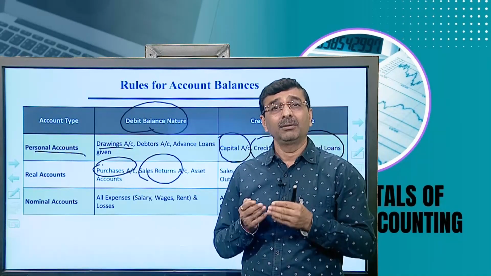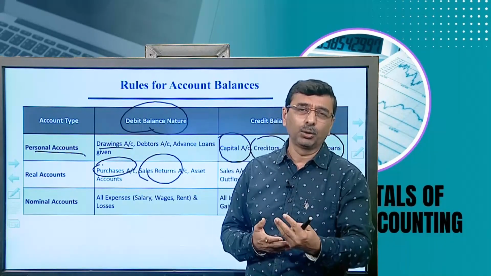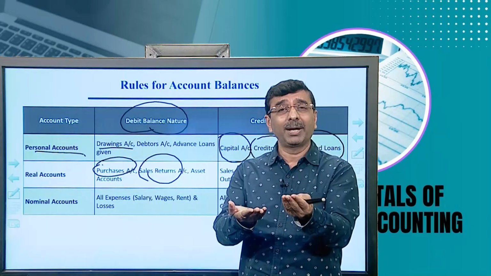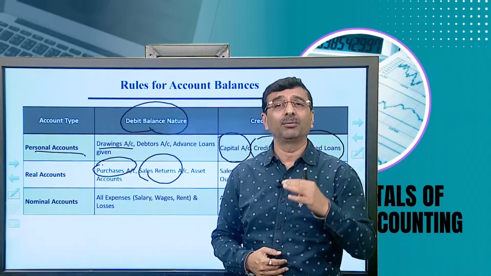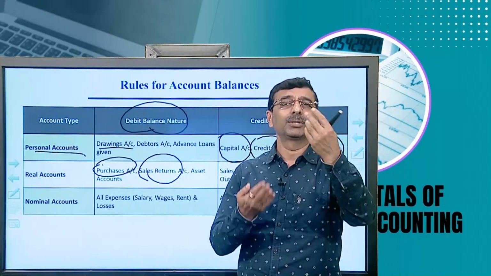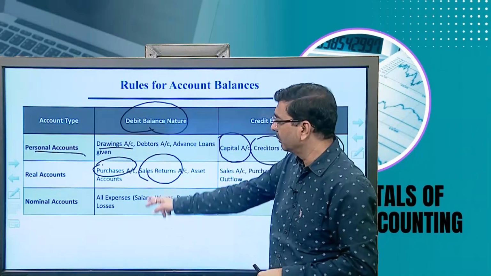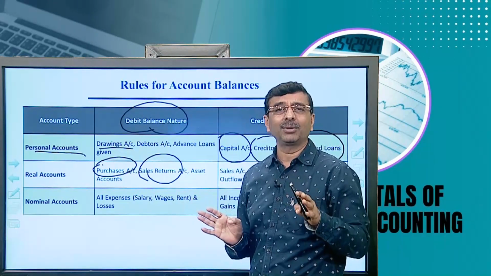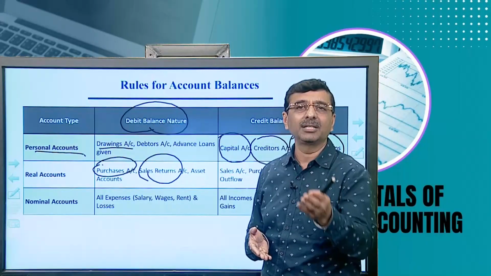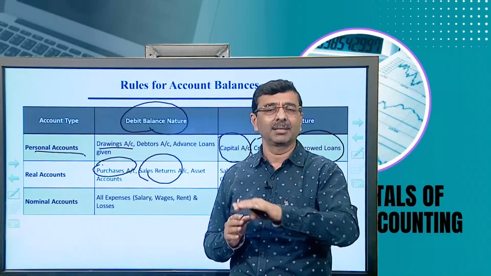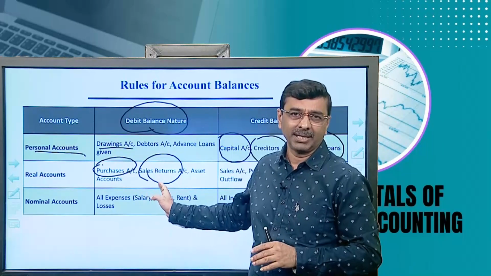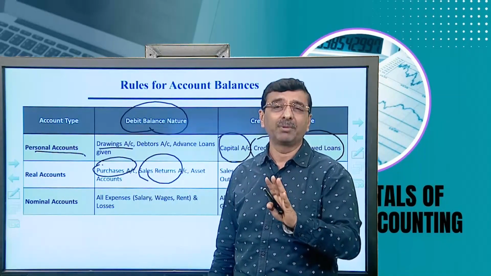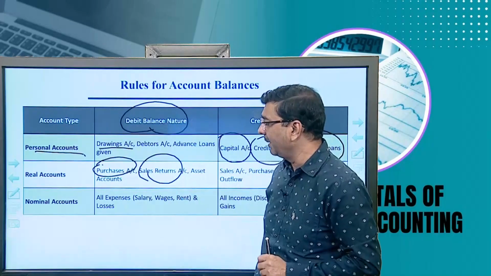Sales return: when we sold the goods, they went out and stock reduced, but the goods sold earlier were returned back to us, so the goods come in, stock increases, so the sales return account is debit. So that is the possibility. All asset accounts are debit, as I mentioned, whether tangible or intangible assets, current assets, fixed assets or investments, anything is always debit.